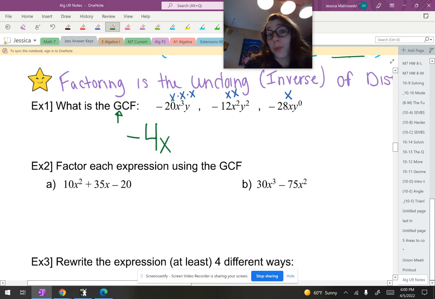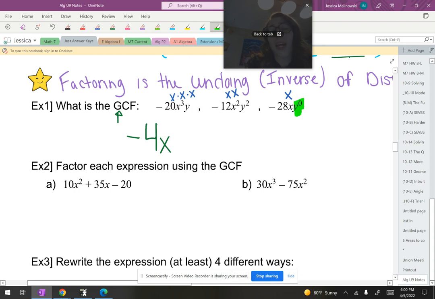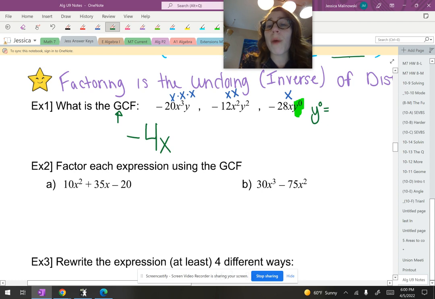All right, and now we look at the y's. Do they all have at least one y that I can take out of each one? On first look, you might think yes, but you're wrong. Wrongo! And that's because of that pesky little y to the 0. Remember that anything raised to the 0 power is going to be a big fat 1.